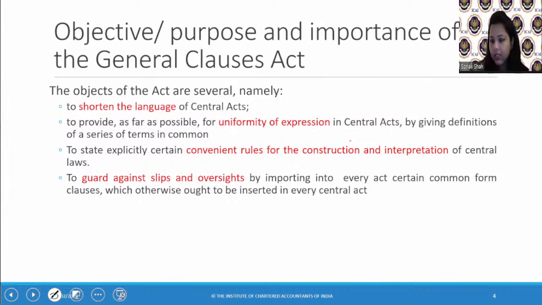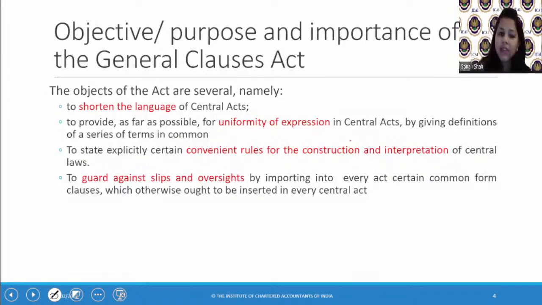Now, coming to the object of the GC Act. The object of the General Clauses Act is to shorten the language of the Central Acts, provide for uniformity of expression in Central Acts, provide certain convenient rules for the construction and interpretation of central laws, and guard against slips and oversights by importing into every act certain common form clauses.